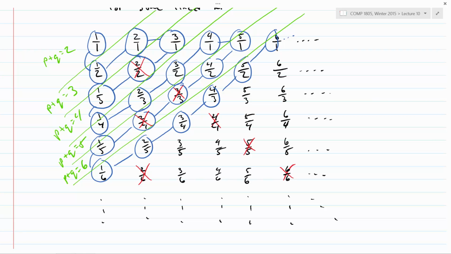In my order, but in order. So 1 over 1 is the first thing, then 1/2, then 2, then 3, then 1/3, then 1/4, then 2/3, then 3/2, then 4, then 5, then I skip 4 over 2 because I already did 2, and so on. But that's the order. So this thing here is an order.